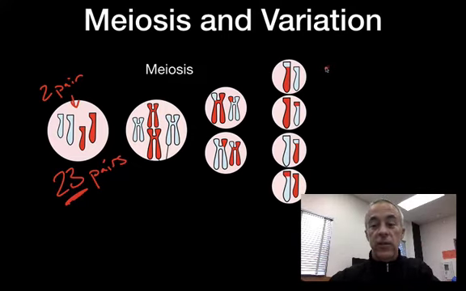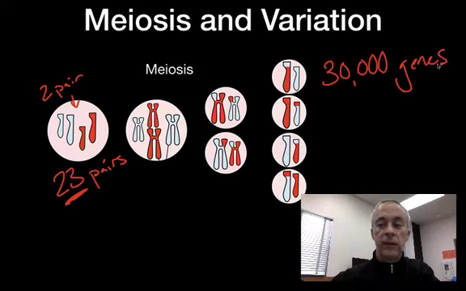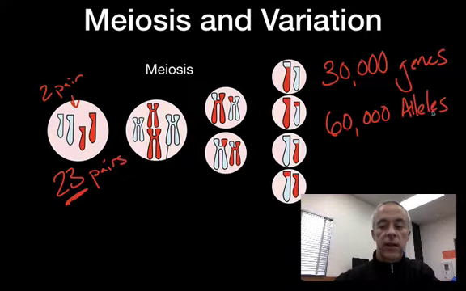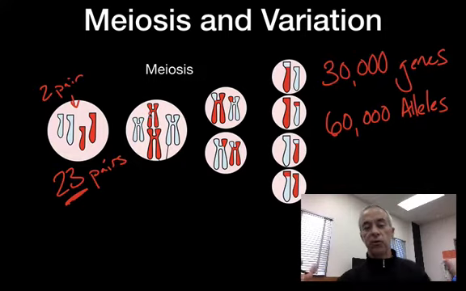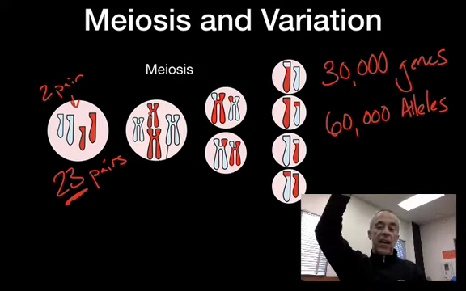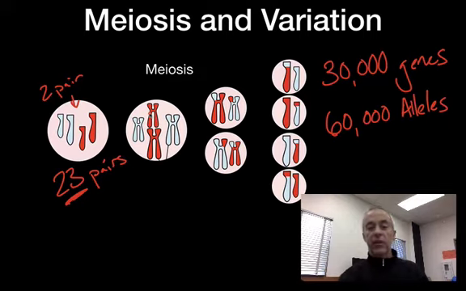Considering that humans have approximately 30,000 genes in our DNA, that means there are 60,000 alleles in our DNA. So essentially this whole process is like taking two decks of cards that each have 30,000 cards in them, shuffling them together into one big stack of 60,000, and then dealing them back out into two stacks of 30,000.